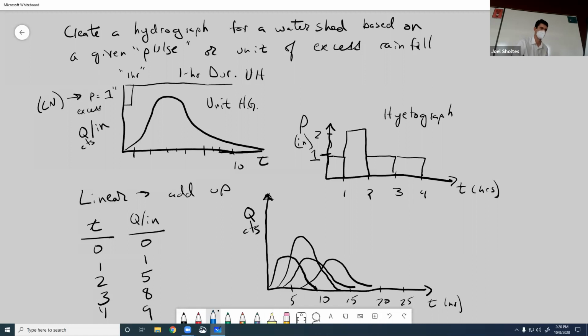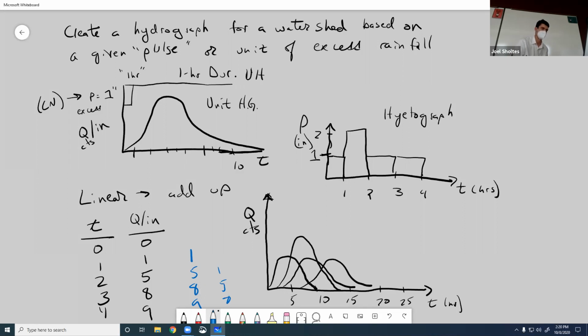If I were to do this in Excel, I'm starting the next one down here, 1, 5, 8, 9. I start the next one down here, 1, 5, 8. And for the 2 inches, I just multiply this by 2.